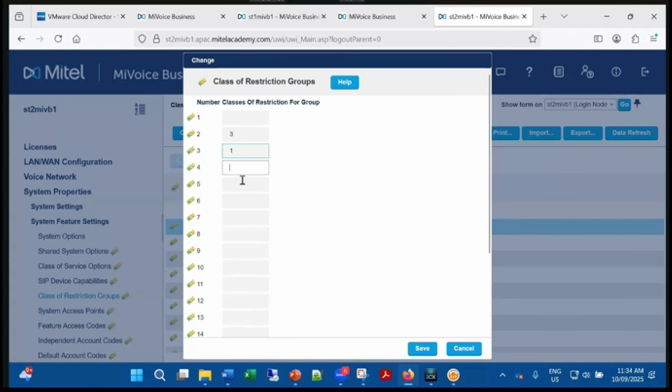1. Core group 4, I have a deny in 1, 2, 4, 5. 1, 2, do it that way, comma, or I can do the range, 4-5. Core group 4 is 1, 2, 4, 5. Number 5 is 1, 3, 4.